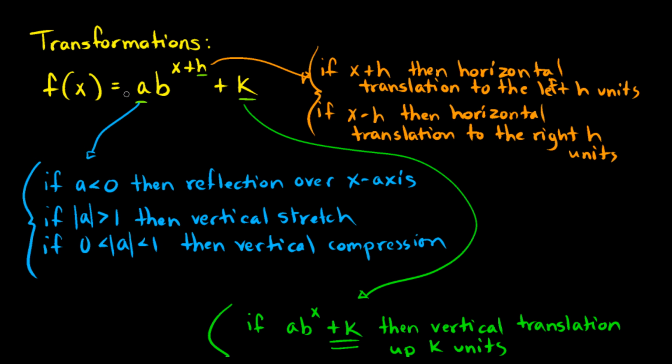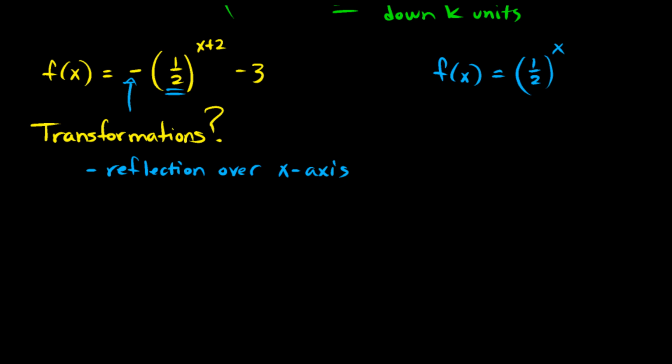Because if you see something like -5 up here, the -5, we're looking at the 5 value. We're ignoring the negative. The 5 value tells you that there's going to be a vertical stretch. So we're looking at the absolute value of a. Okay, so that's the first thing that happens.